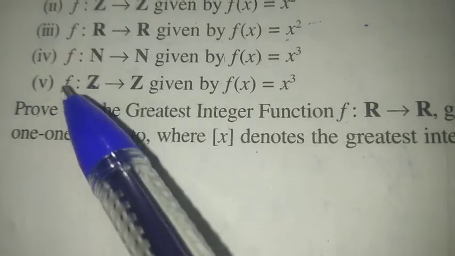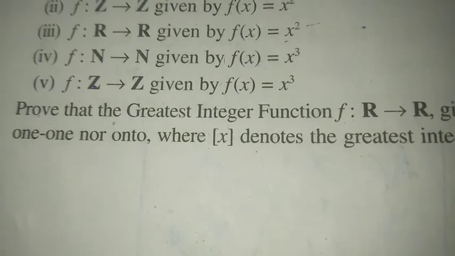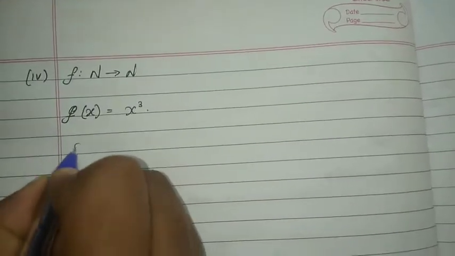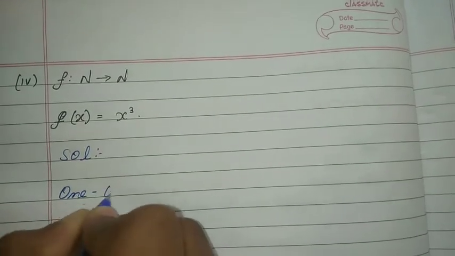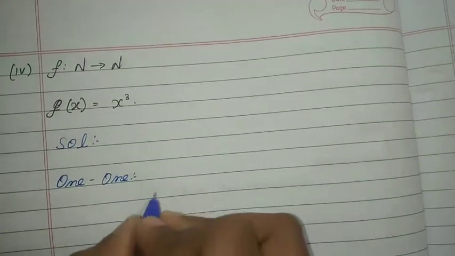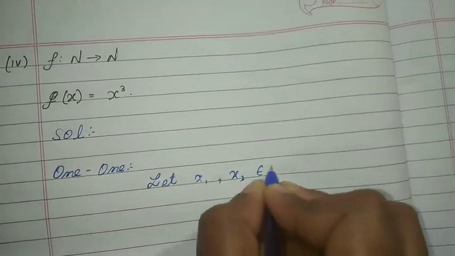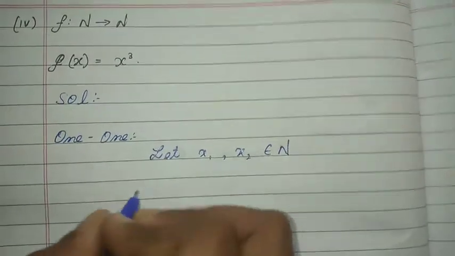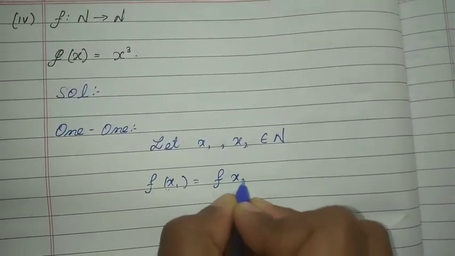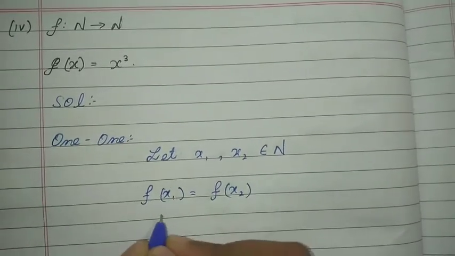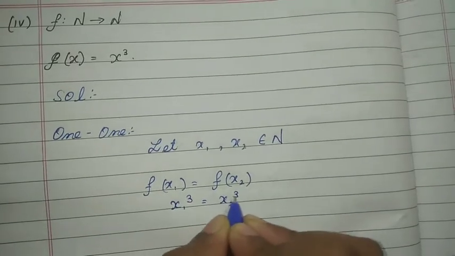Sub-division 4. Function from N to N, natural numbers, given by f of x is equal to x cube. Solution. First, 1 to 1. Let x1, x2 belong to N, natural numbers, isn't it? f of x1 is equal to f of x2. f of x is x cube, so x1 cube is equal to x2 cube.